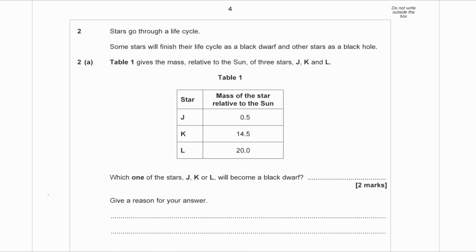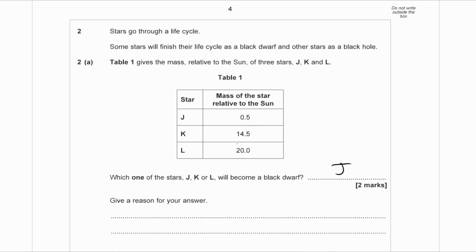Alright, now you should know that only stars which are similar masses to the Sun, or maybe even smaller, will go on to become a black dwarf. Larger stars will obviously go on to become supergiants and so on. So in this question, when it says which one of these will become a black dwarf, well, that is going to be J, because it's the only one which is close to the mass of the Sun.